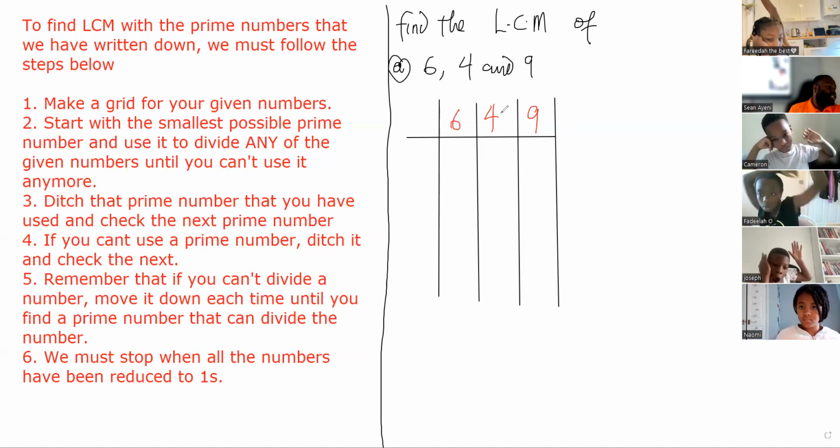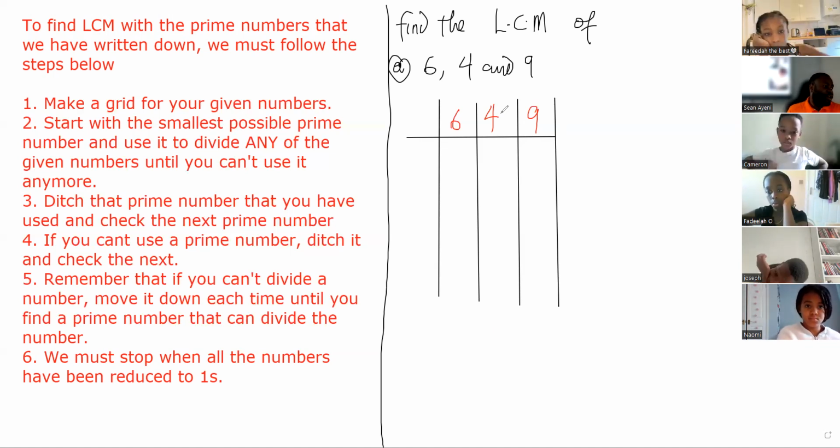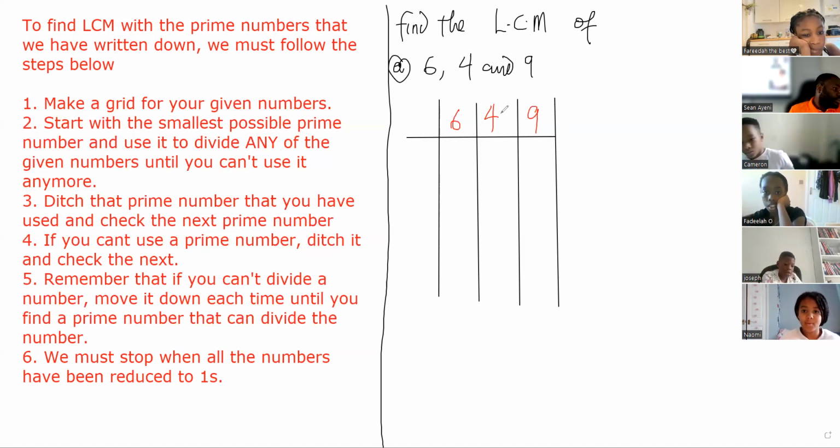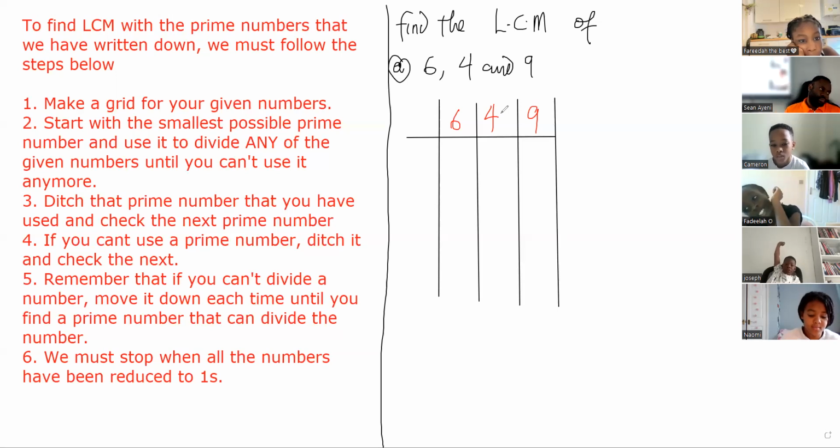Okay. Naomi, you don't understand what we've done. Read the first step. What does the first step say, Naomi? Make a grid for your given numbers. What are the given numbers? 6, 4, and 9. What have we just done, Naomi? Oh, you have to put them in the grid. Ah, you see now. What do we follow, guys? We follow the instructions.